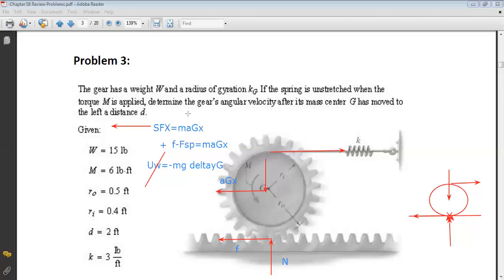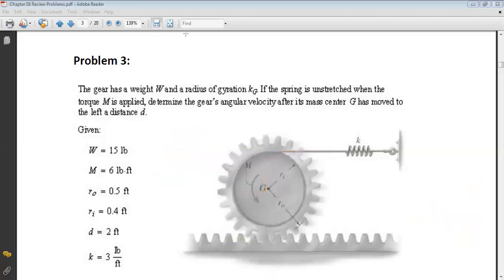Okay. So now, if I continue and write the principle of work and energy, I have the work of the couple, and because it's a constant couple, what will be the work of this couple?